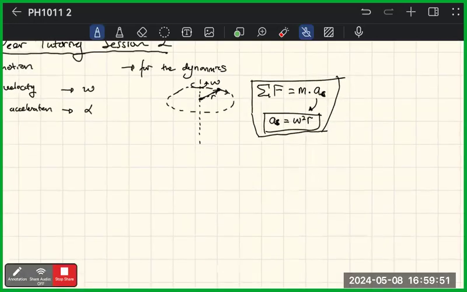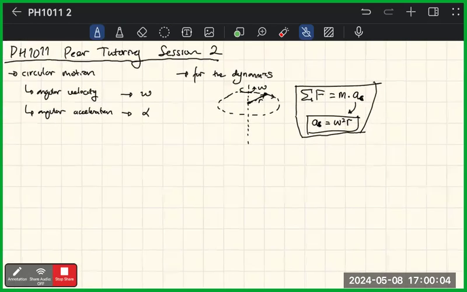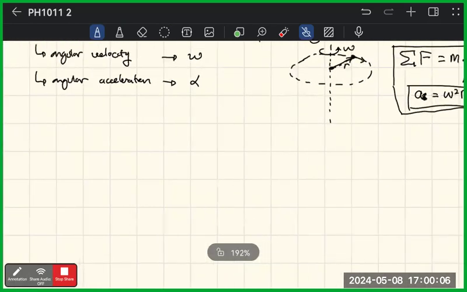This kind of question will have some variation, mostly on the forces and the radius, but other than that, it's very easy to work on. Let's try our first question.